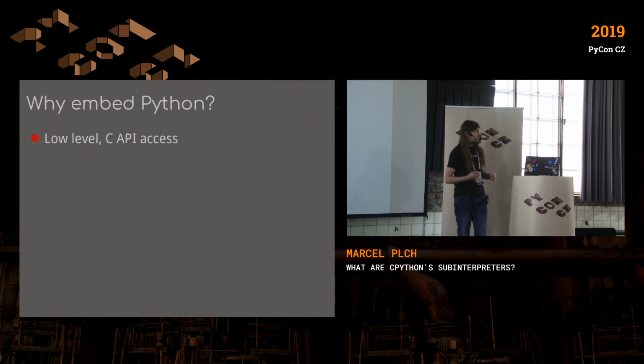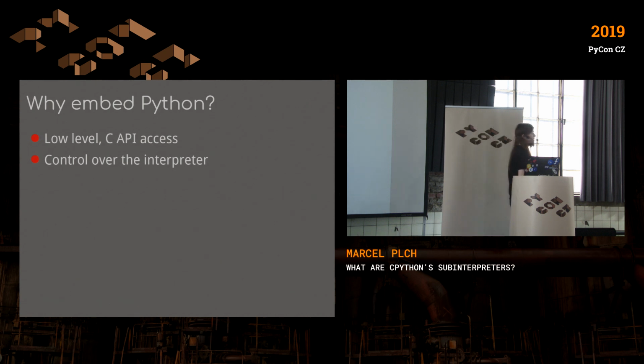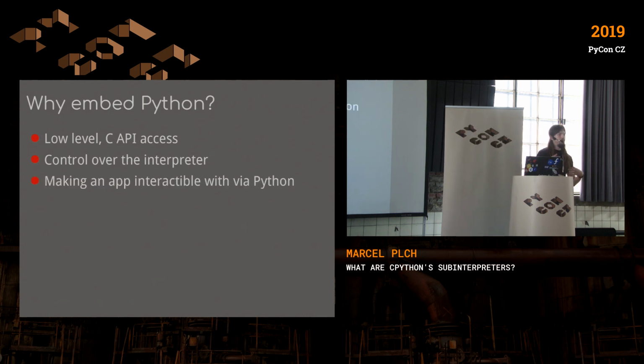Given this, you can make your app interactable via Python. That means, for example, if you want people to type some commands into your app, they can do that using Python. You can create bindings. You can make it scriptable, et cetera.